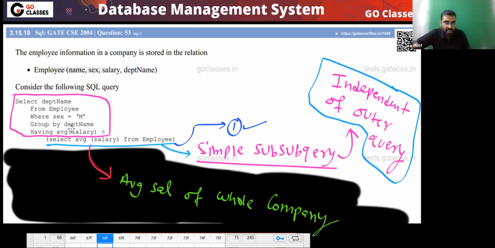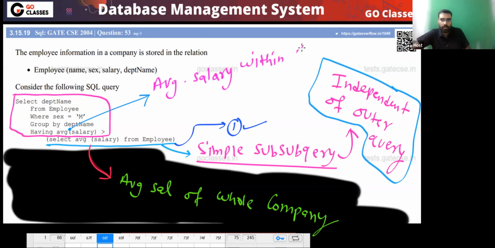And the second point, if you look at this average salary, this is the average salary of what? This average salary is the average salary of groups. Okay, yes or no? I can say this is the average salary within a group, within every group.